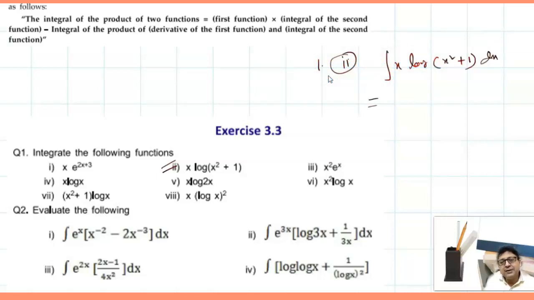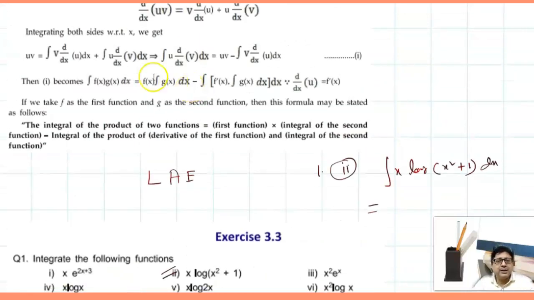Now we will hesitate which one to take as first function and which one to take as second function. I would like you to remember this concept, LAE: logarithmic, algebraic, exponential. In the formula you have seen that there is a product of two functions, then it is first into integration of second, like this.